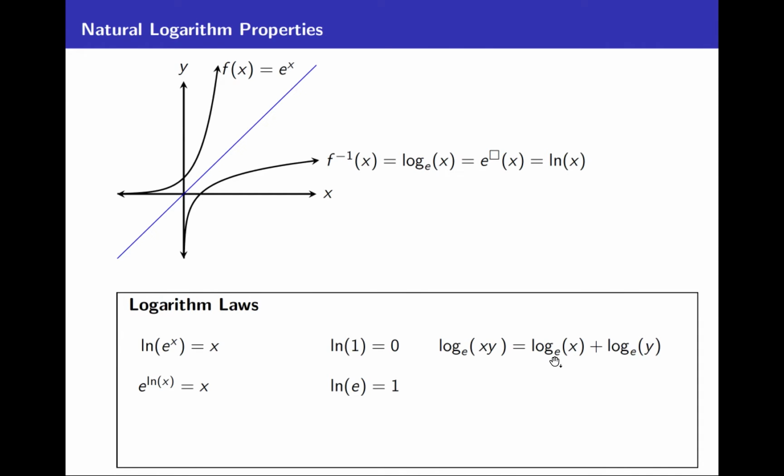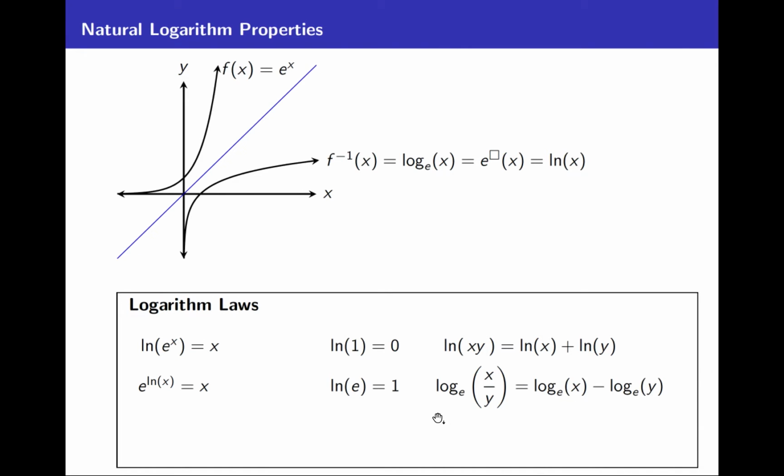Here's another logarithm property for log base e, but log base e is ln, so this becomes ln of xy equals ln of x plus ln of y. We have log base e of x over y is log base e of x minus log base e of y. Replace those log base e's with ln's, and you get ln of x over y is ln of x minus ln of y.